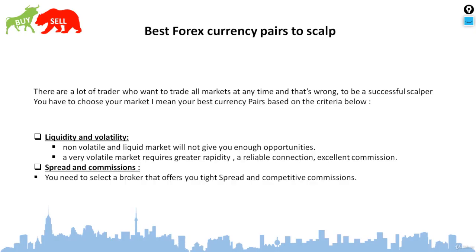So we are going to see the best Forex currency pairs to scalp. There are a lot of traders who want to trade all markets at any time, and that's wrong. To be a successful scalper, you have to choose your market, I mean your best currency pairs, based on the criteria below.